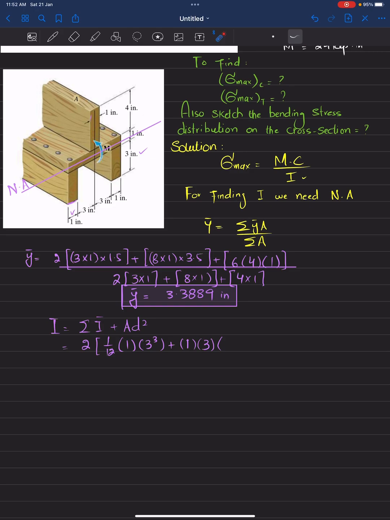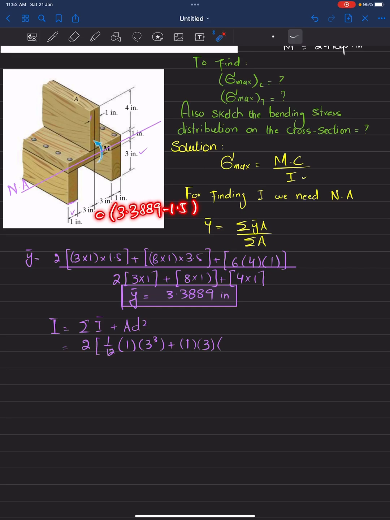d is this distance. This is the neutral axis, which is y dash, equal to 3.3889, and if you subtract half of 3, which is 1.5, so y dash minus 1.5, d equals 3.3889 minus 1.5.